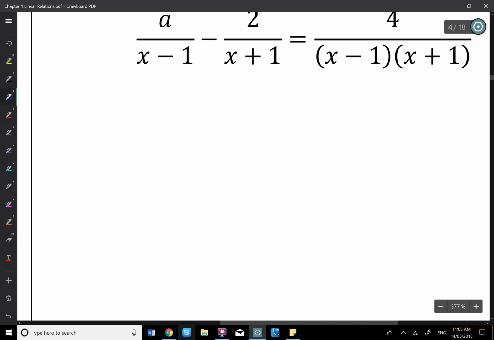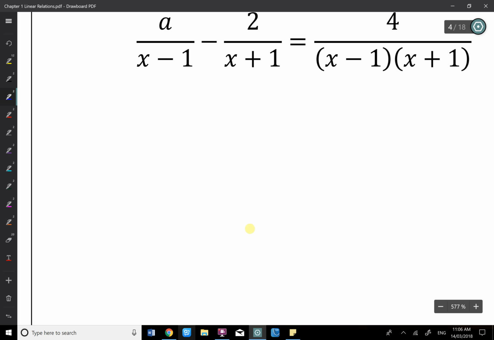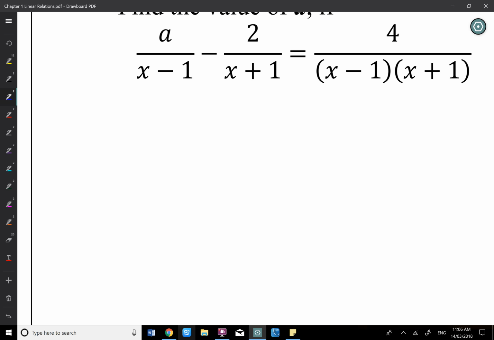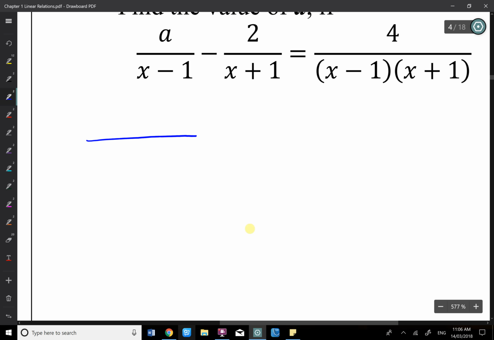So we keep the right hand side whatever it looks like now, and I want to make the left hand side become one fraction. So we need to find the common denominator: (x minus 1)(x plus 1).